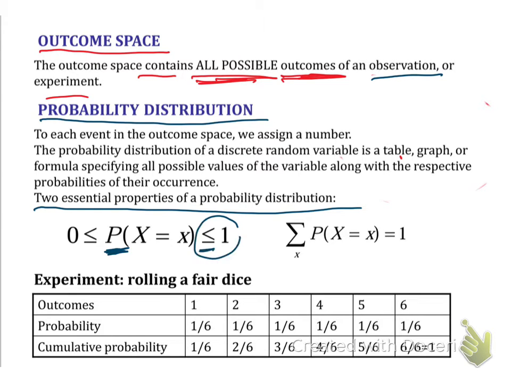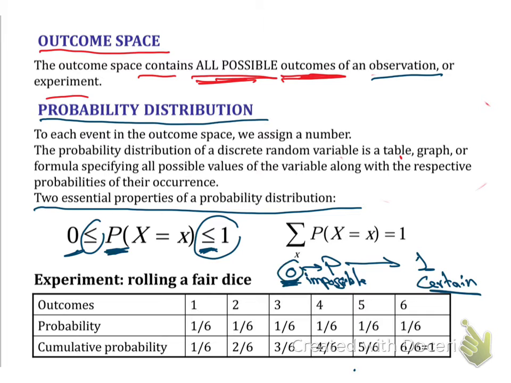The minimum value for the probability of anything is 0, which is impossible, so its probability is 0. And the maximum will be 1, which is certain. If I have a certain event, the probability will be 1.